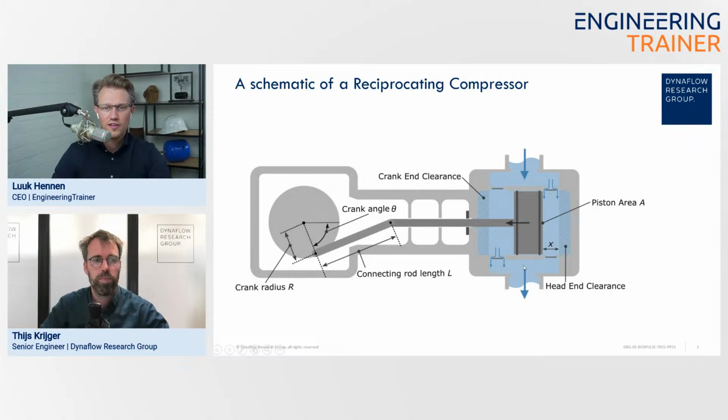What you can also see here is that there are check valves on either side of the piston, so that you can compress gas both when the piston is moving to the right, but also when it's moving back to the left.